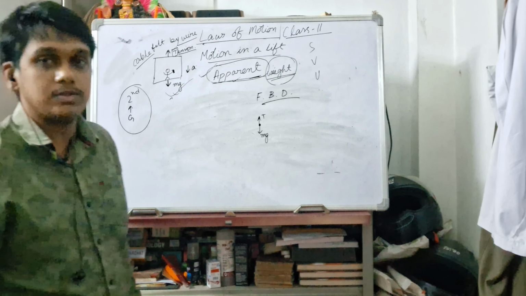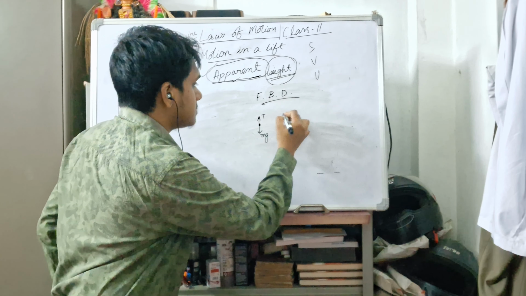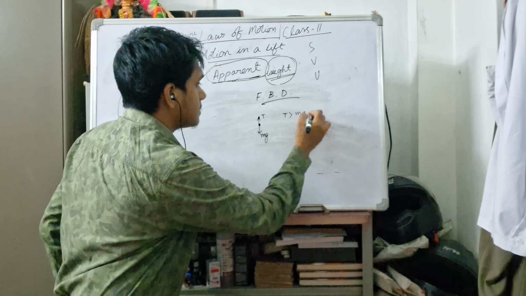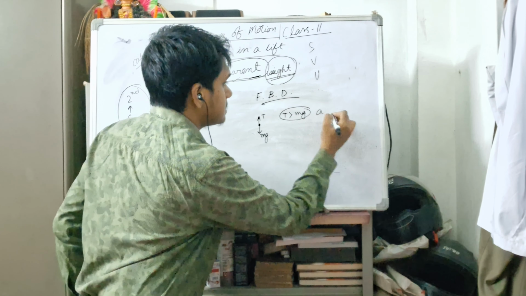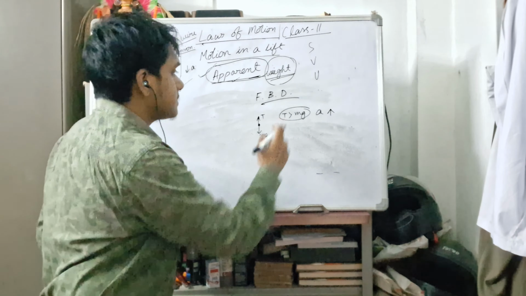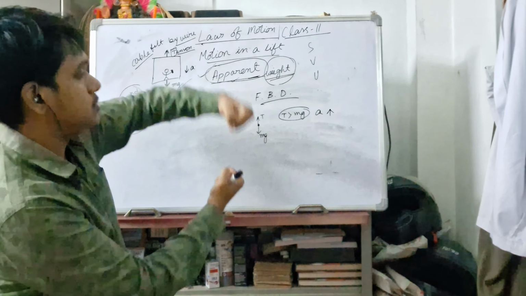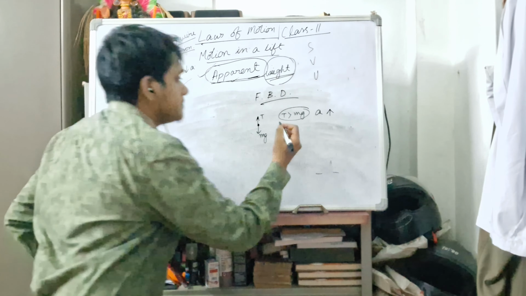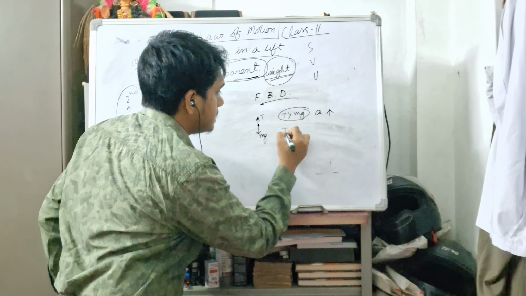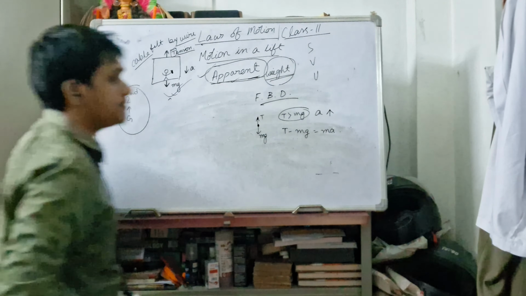You have to find which one is acting on which side. If T is more powerful, then the acceleration is upwards, it is pushing upwards. So T minus mg will be ma.